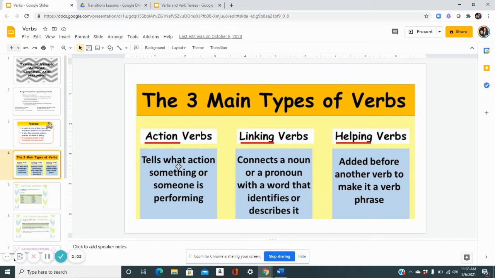So a linking verb is not something that you perform or you do. It's something that's more of an internal thing. It's a feeling. So our main linking verb is the verb to be.